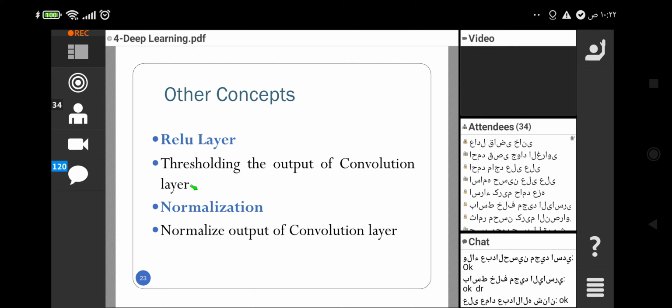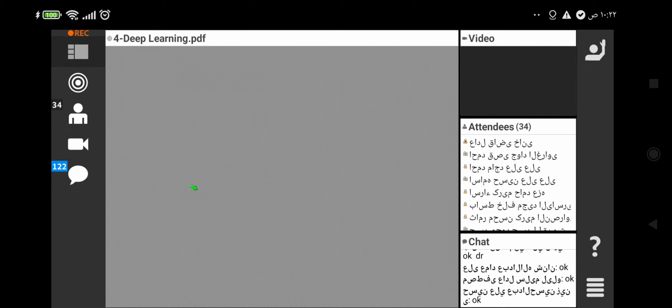A ReLU is doing a threshold on the output of the convolution layer. What does this mean? Threshold. In Farsi, threshold is حد آستانه. Let me explain about this threshold.